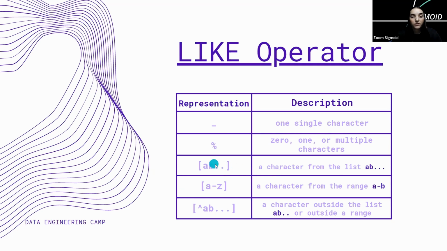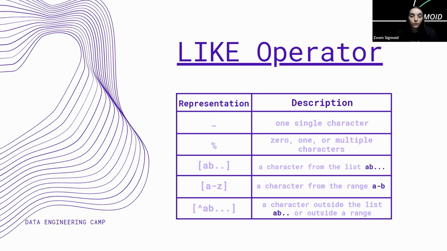For example, with a % before it, it will give you all the names which end in one of these letters, A, B, C, D. Also, in order to make this list shorter, for example, if we have A, B, C, D, E, we can write it much shorter: A hyphen E. But the list is also used in case you have, for example, only vowels, or some specific letters. A range is much easier when we have a variety of characters.